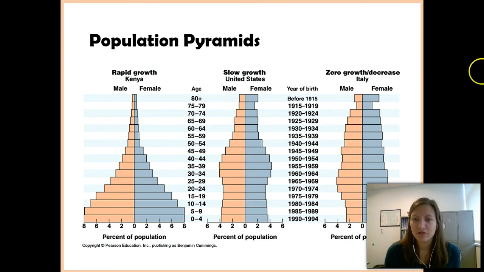Here you can see the adults have much larger population bars than the offspring. They're just not having as many children. It could be for a number of reasons, but this can impact the social welfare of the country, because there are fewer people working in fast food places and grocery stores. You're essentially losing your job market, or at least it's getting smaller.